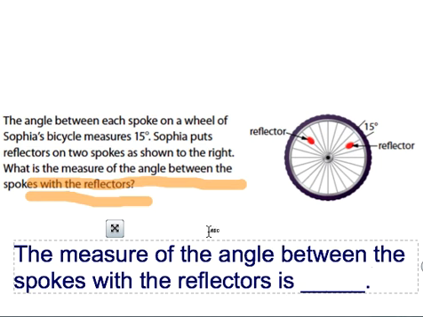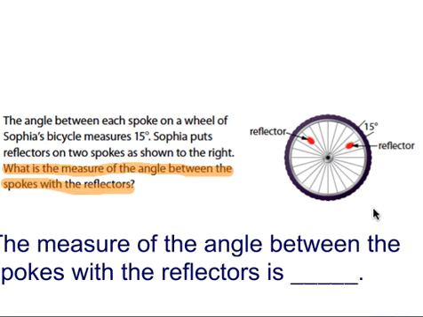This would be answering this question in a full sentence. The question is, what is the measure of the angle between the spokes with the reflectors? The measure of the angle between the spokes with the reflectors is blank degrees. Okay? This is how you answer a question in a full sentence, because this is the question.